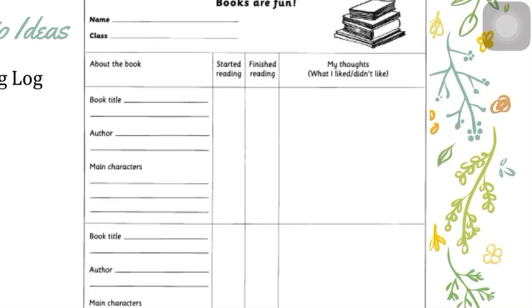And then my thoughts, what I liked or didn't like. This maybe for the sentences or paragraphs the students feel like maybe happy or sympathetic or sad or embarrassed, maybe something that they feel about the book.